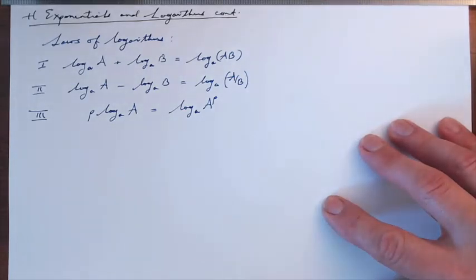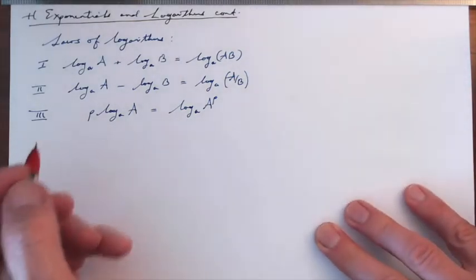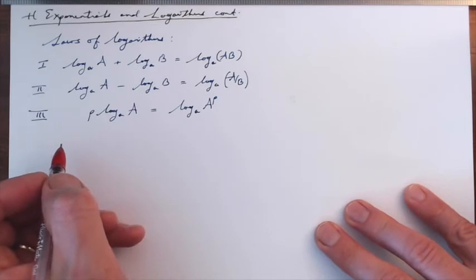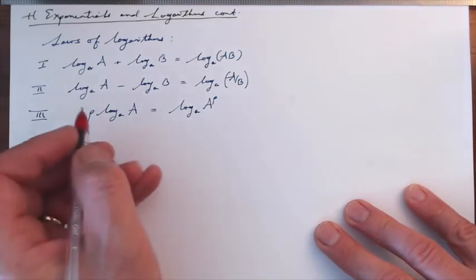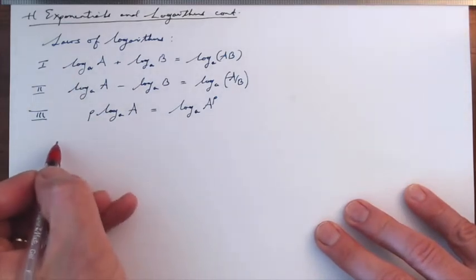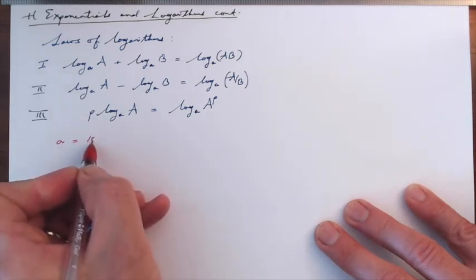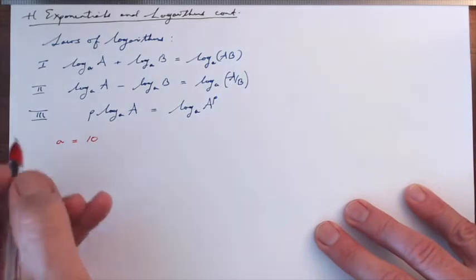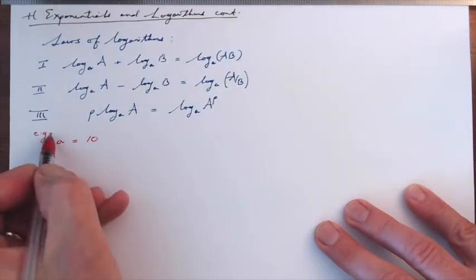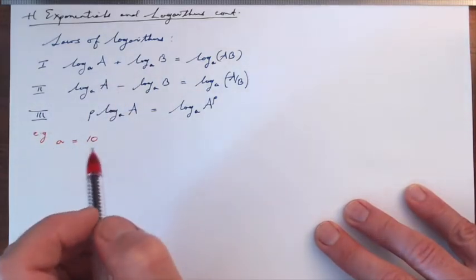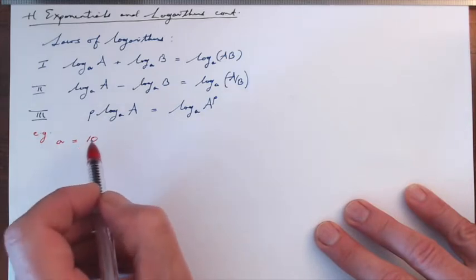So let me just give you some examples to make this seem much more clear. I'll just choose some arbitrary base. Let me choose base 10, because that's quite a commonly used base. So it's just an example. These laws hold for any base, so I'm just choosing this for concreteness.